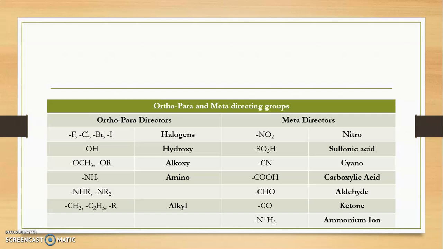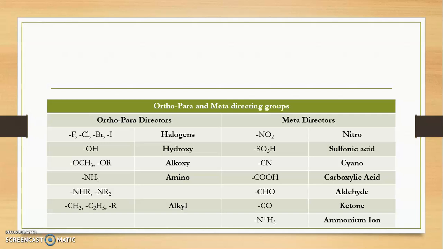Similarly, the different amino groups, the primary amino group, secondary amino group, as well as the tertiary amino group, all three act as ortho para directors. So aniline, when it undergoes an electrophilic substitution reaction, gives an ortho para substituted product.